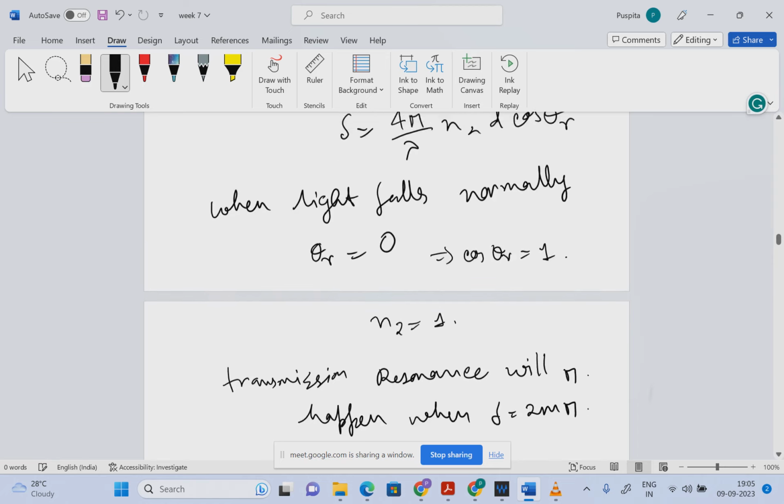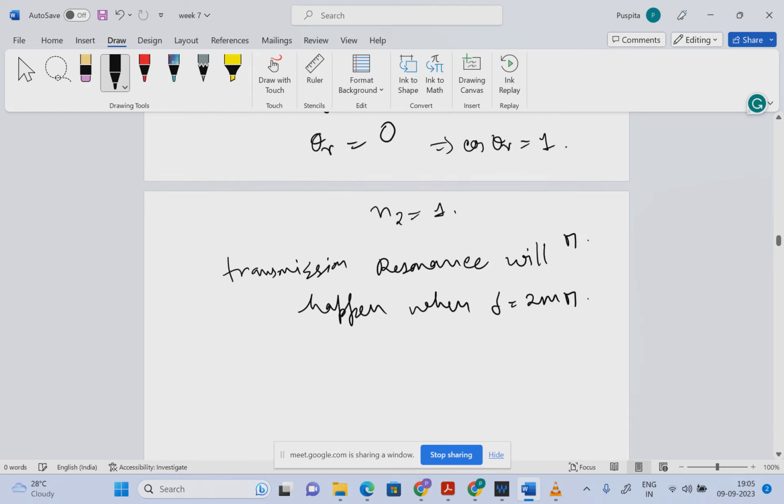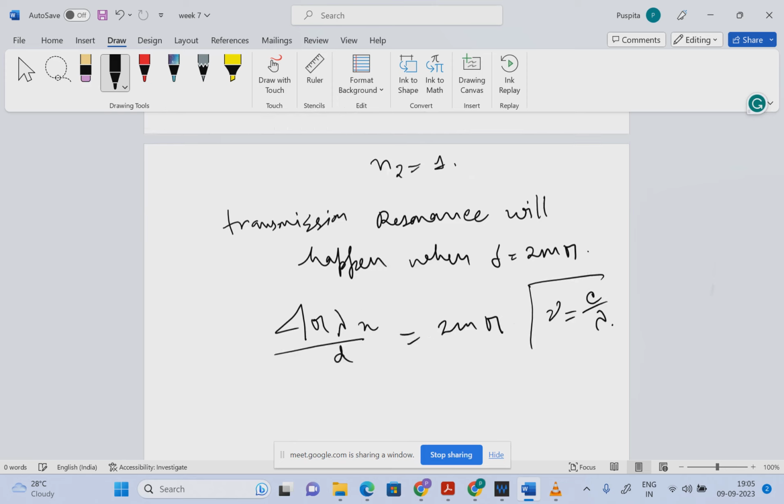So delta, which is 4 pi by lambda n d, is equal to 2m pi. Mu is C by lambda.